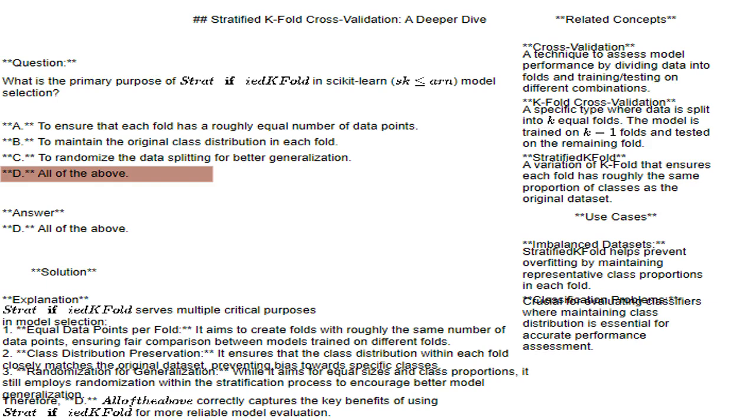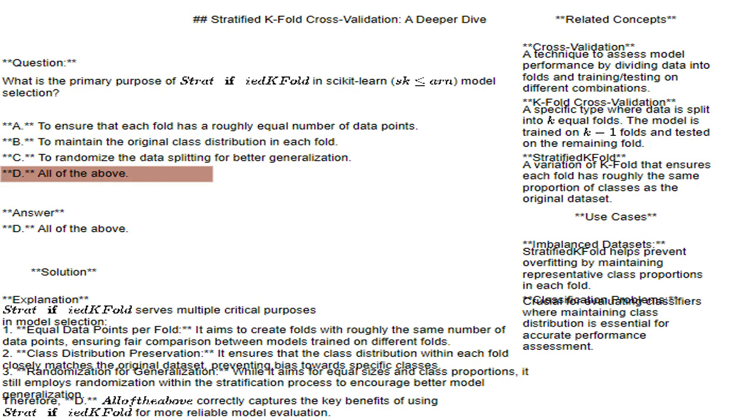It tries to distribute the data points evenly across the folds, ensuring that no single fold gets disproportionately large or small, contributing to a fairer comparison of models trained on different folds. This addresses the point of equal data points per fold in the explanation section. True.